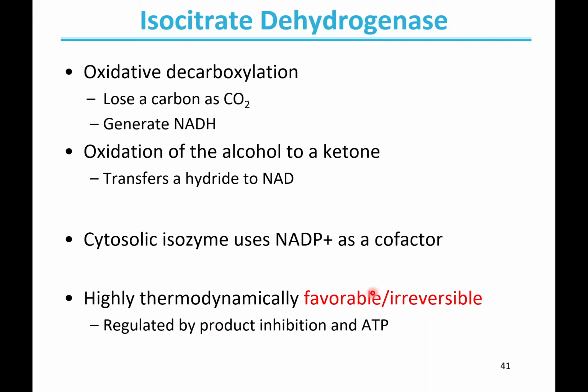This is highly thermodynamically favorable, which makes it an irreversible step. It's regulated by product inhibition and also ATP. ATP just shows that there's a lot of energy in the cell, and you don't need to be flying through the citric acid cycle at that point.